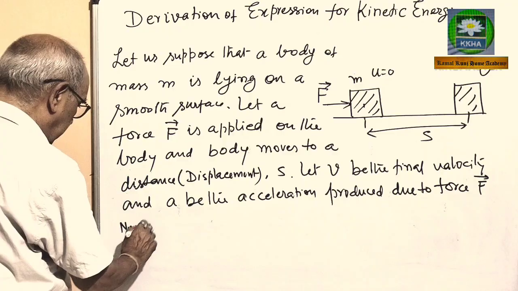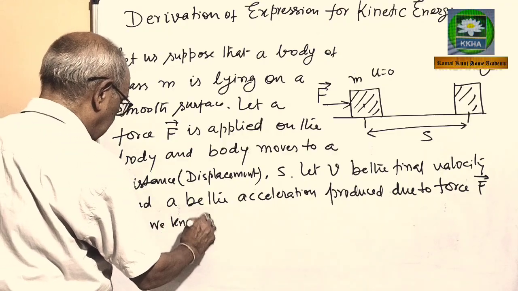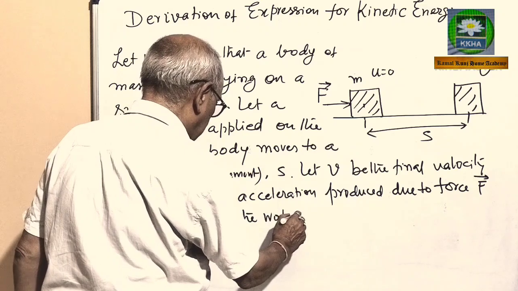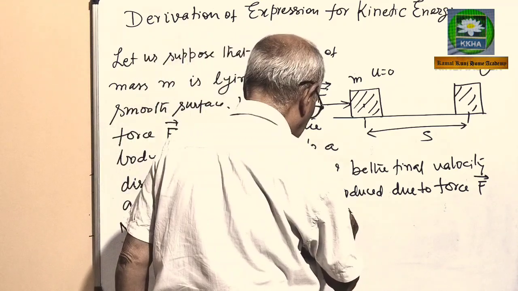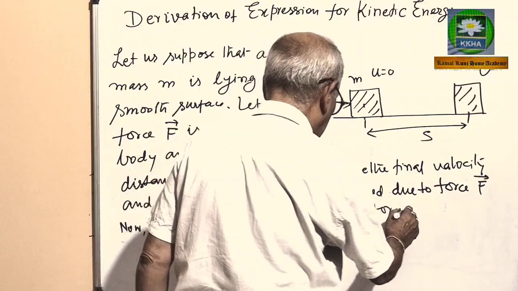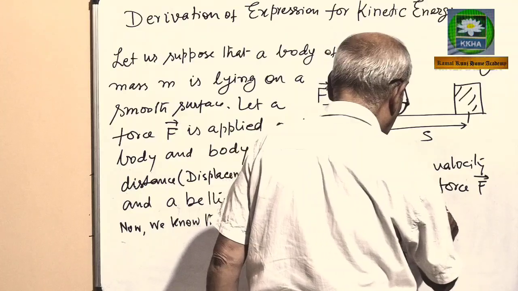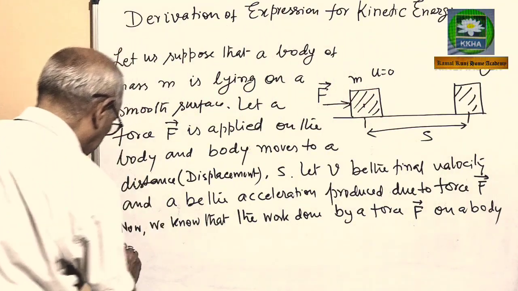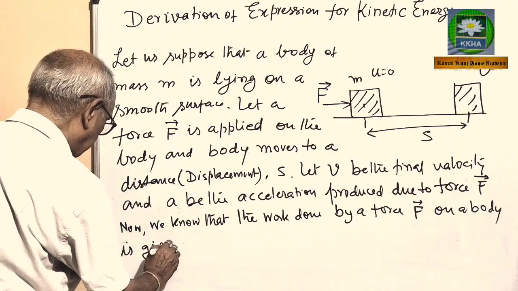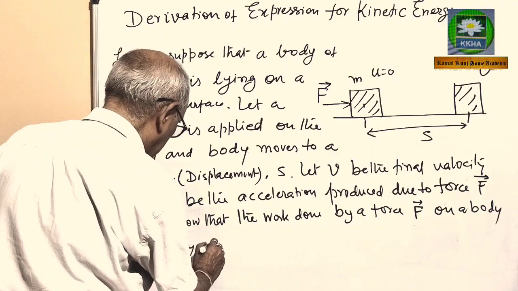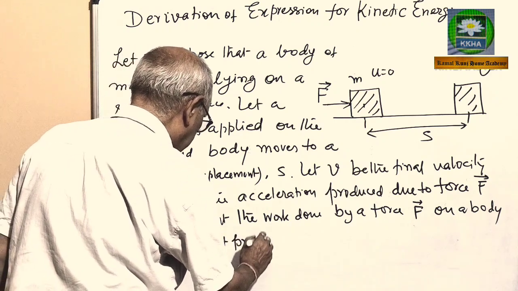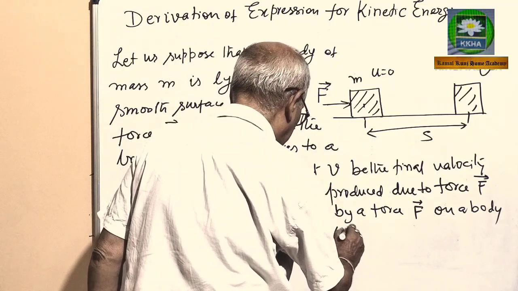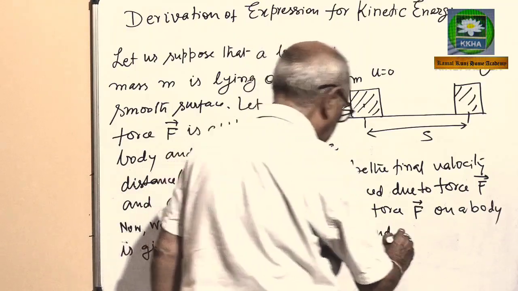Now we know that the work done by a force F on a body is given by the dot product of force and displacement.